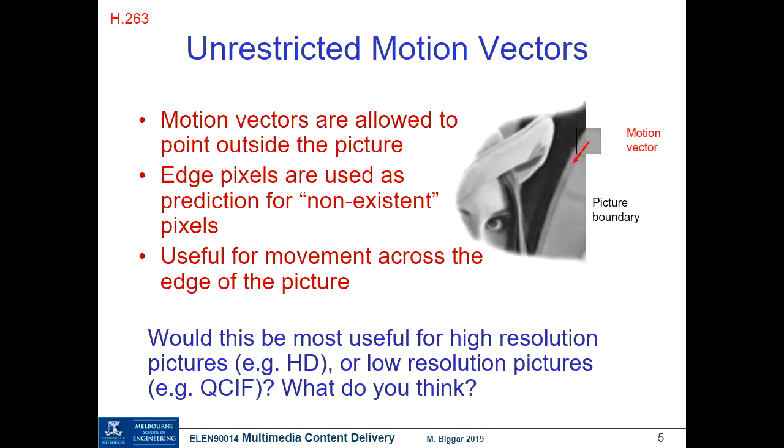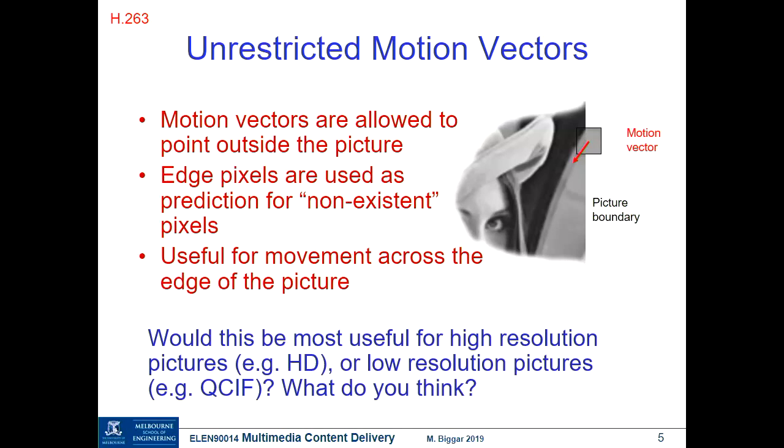Another way to look at this would be what proportion of your macro blocks are going to be on the edge. And in fact, as you reduce the resolution, the size of the picture, then a larger proportion of the total number of macro blocks would be actually on the boundary. And so it'll probably make a bigger difference for lower resolution pictures.